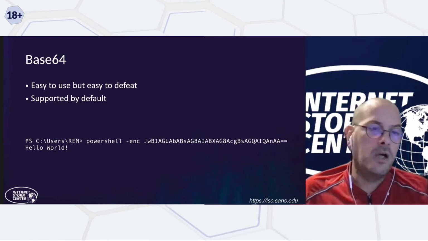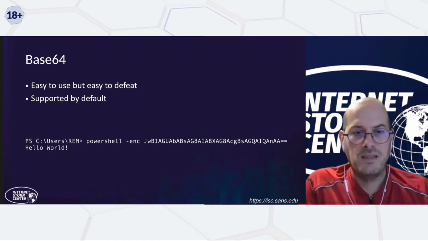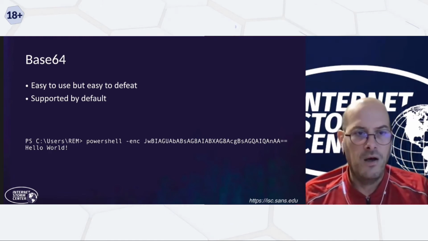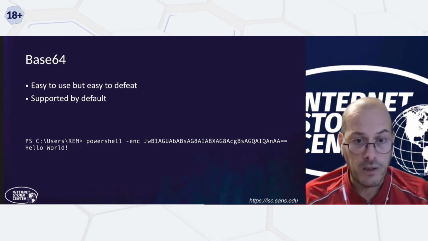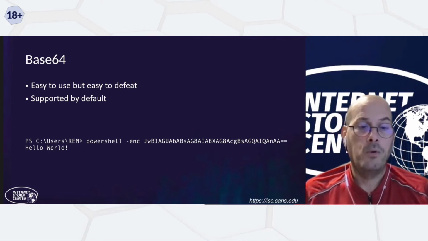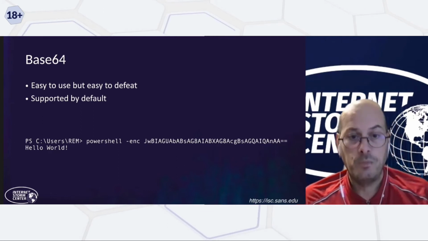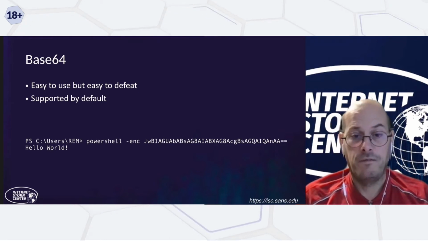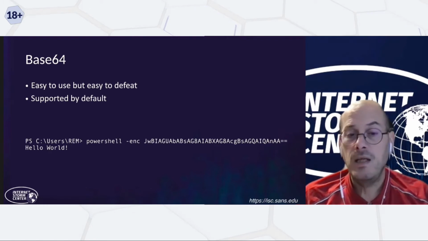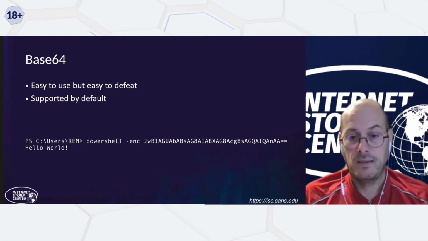Base64, very common, so easy to use. Also, of course, if it's easy to use, it's also easy to defeat. What's nice is that base64 is supported by default by PowerShell. So if you call the PowerShell binary from a command line and you specify -enc and a piece of base64 data, PowerShell will automatically decode it and execute what's in the base64 data.